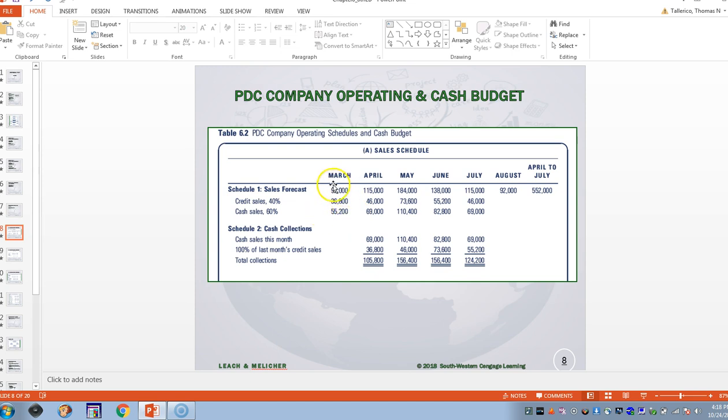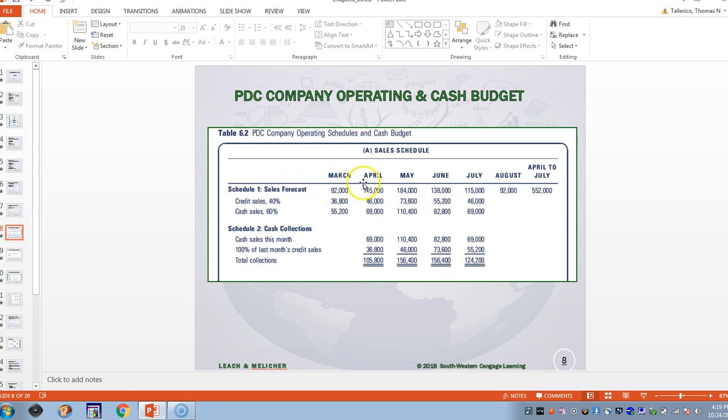If you multiply this by 60%, you'll get this number, and if you multiply this by 40%, you'll get this number right here. You can keep doing that all the way along. We're breaking down by a 40-60 ratio our credit and cash sales. If you have any trouble with this, just email me if you don't understand how to do these simple multiplications to get the breakdown in credit and cash here.